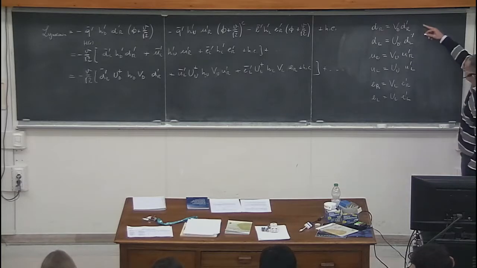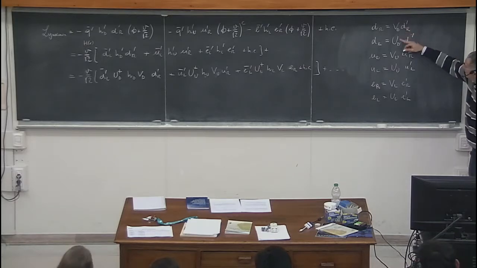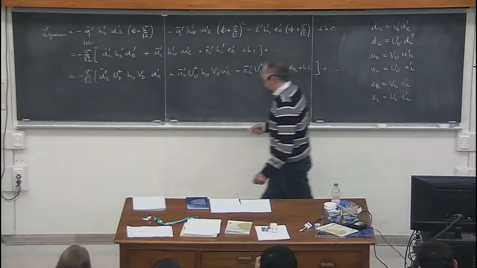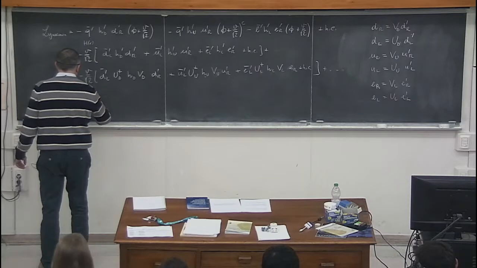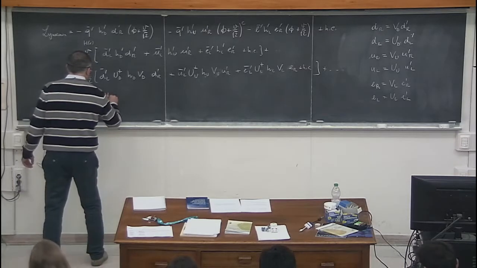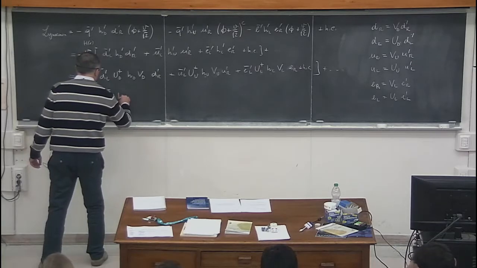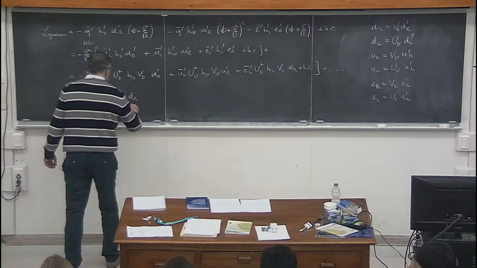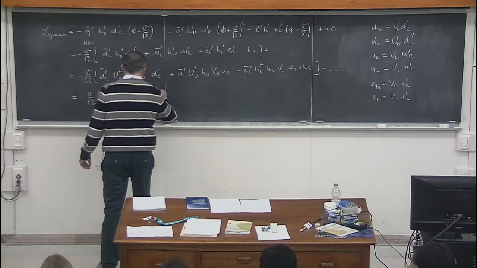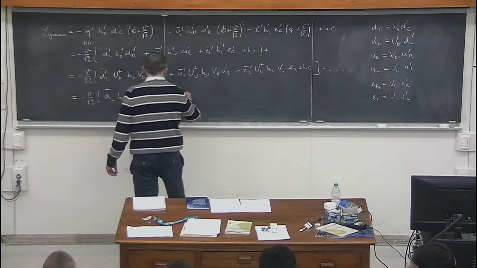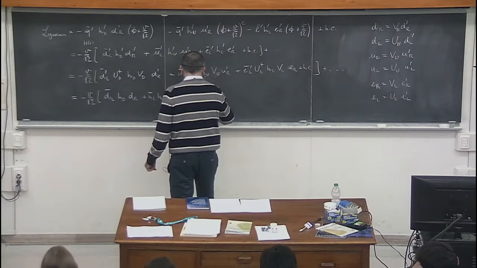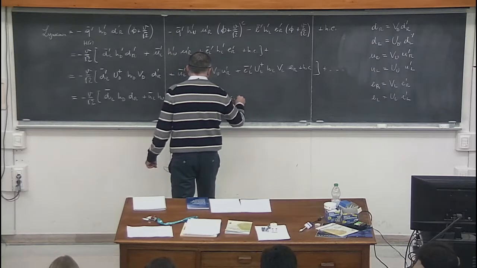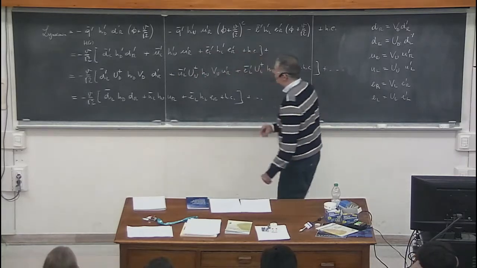If I mix the fields in this way by unitary matrix V, D, U, D, and so on, what I get is a diagonal mass term for the fermion fields. Plus Higgs couplings.